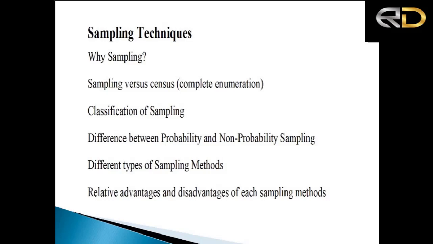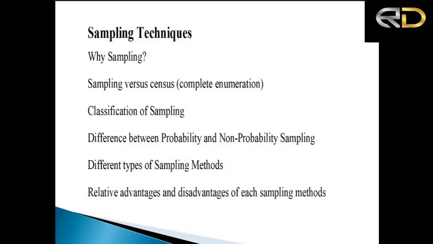Now the question arises, why sampling? It is always good to calculate the parameters rather than to estimate them. But whenever the population is very large, for example India, which has a population of 140 crore, it is very hard to get information on each and every unit of the population.